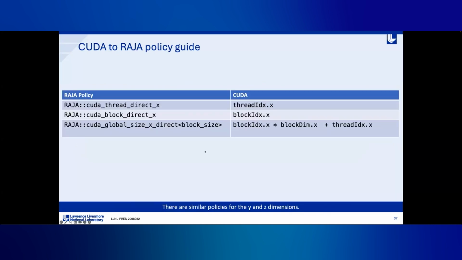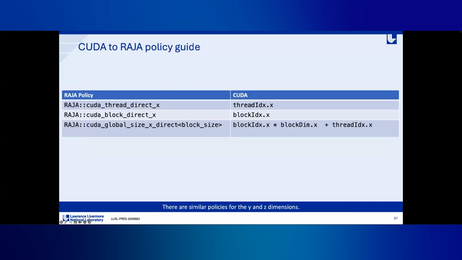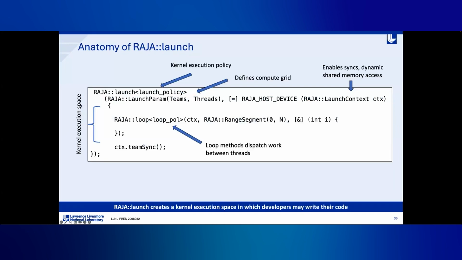So let's talk a little bit about policies. These policies are what's going to be passed to Raja loop, and they need to be wrapped in a Raja loop policy type, but we'll get into that later. For now, we just need to look at these policies to try to understand, let's say we want this integer I. We talked about different ways of thinking about a thread index within the overall structure of a group.